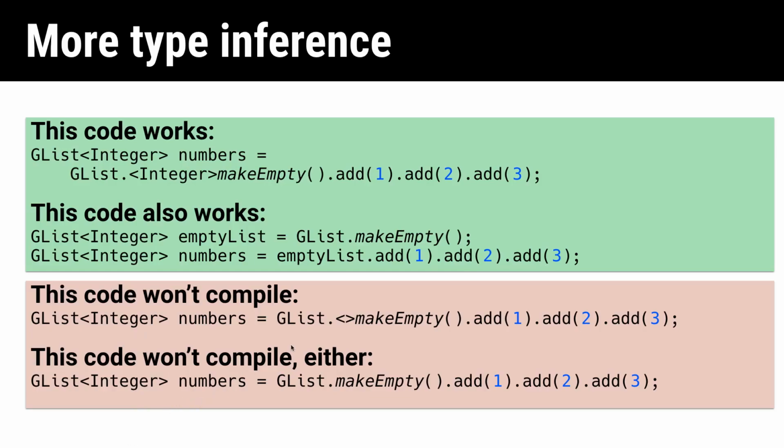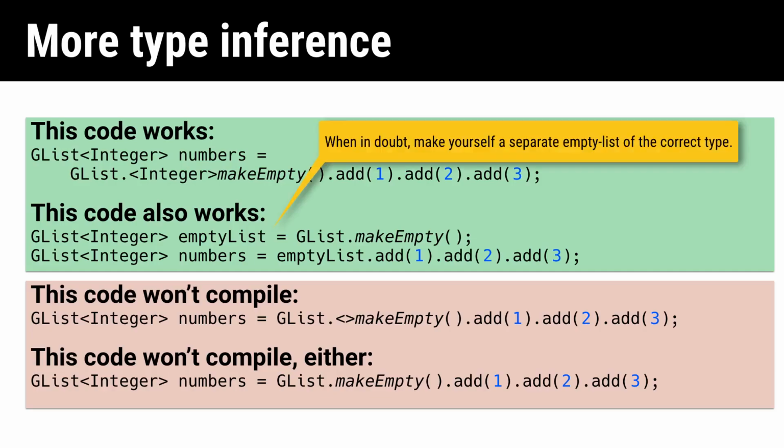Java cannot infer the type parameter in this position. And if you try to leave it out altogether, in these two red cases, the Java compiler simply will say, I don't know what to do here, and will fail. Right, because in the first case, Java knows that you're calling glist make empty, and then you're declaring the type of your empty list as the glist of integers, so it can infer the type t over here.